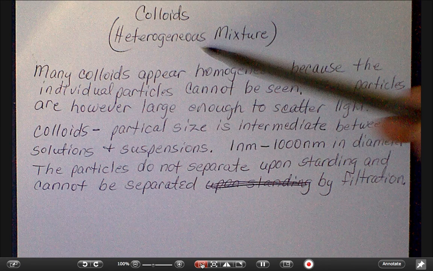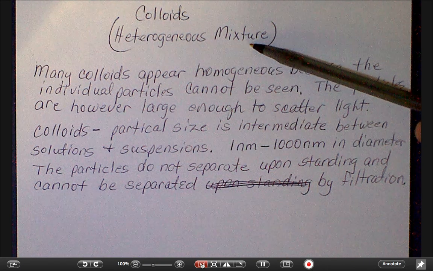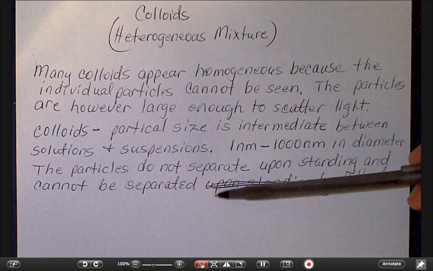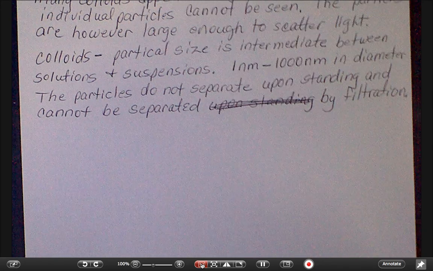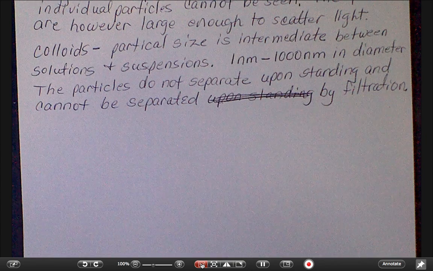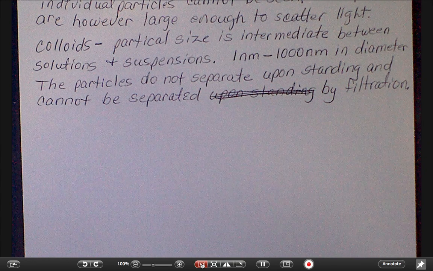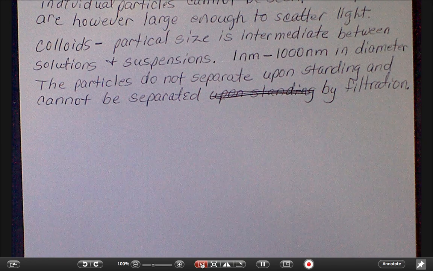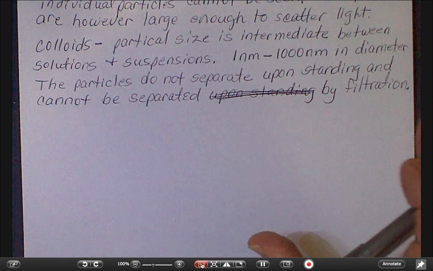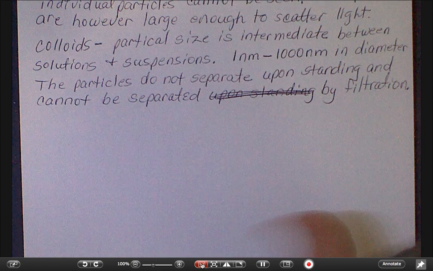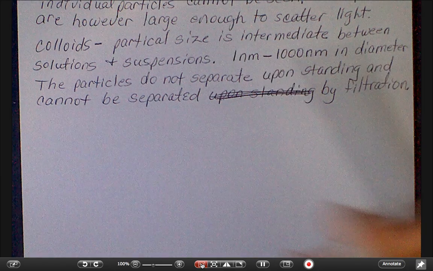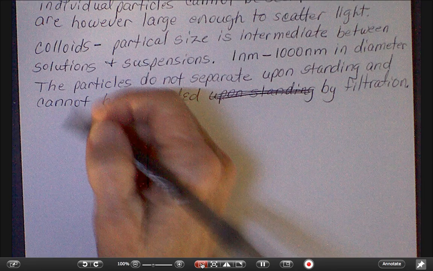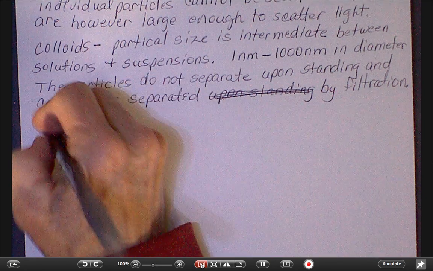But yet it's a heterogeneous mixture, okay? Not a solution. How can we tell the difference? If we had two clear examples, one a solution and one a colloid, how can we tell the difference? Because they're going to look identical. Does that make sense? You can't see any particles. It just looks like you're looking at clear water. Does that make sense? All right, well, here's the difference.